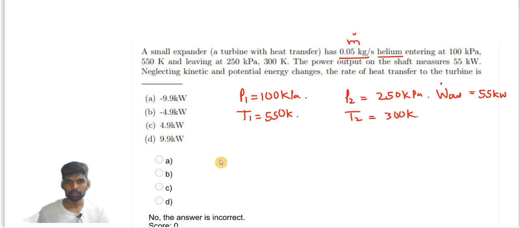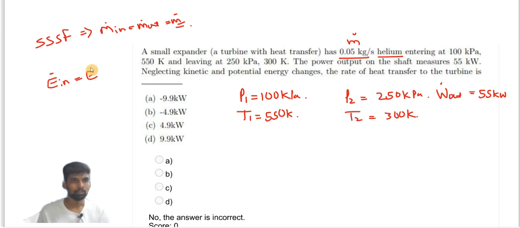So what we will do is, since from mass balance for a steady state steady flow process, we know that m dot in is equal to m dot out is equal to m dot. Okay, so it is known to us. And from the energy equation, we have E dot in is equal to E dot out.